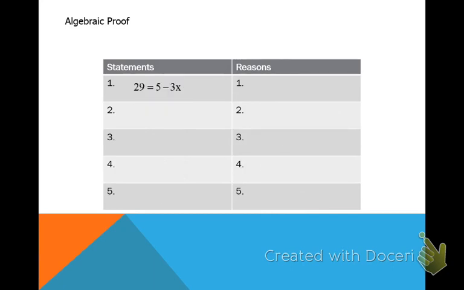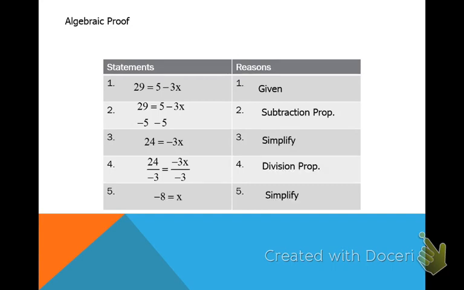I'd love for you to do it on your own, but let's get this in. So 29 equals 5 minus 3x. That's going to be given to you. First thing we're going to do here, subtract 5 from both sides, because that's the, you got it. And so on and so forth. I'll show these out. You guys can pick them up later.